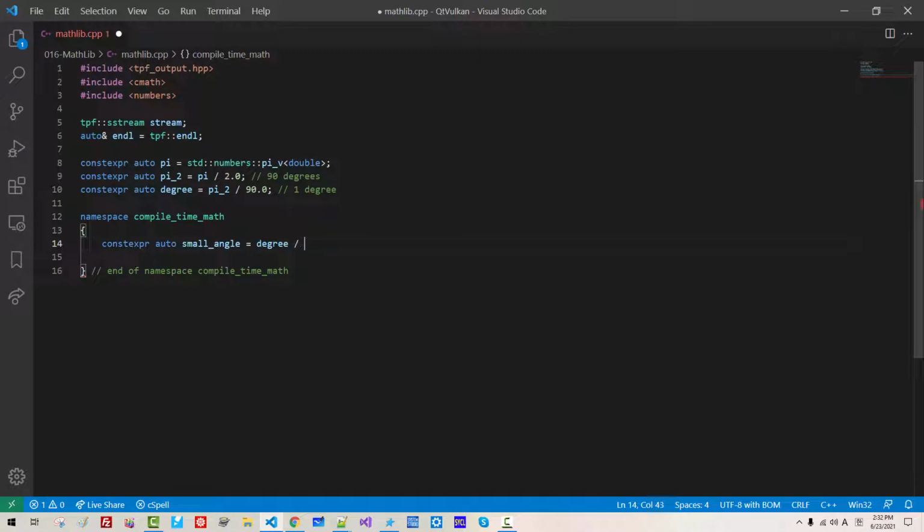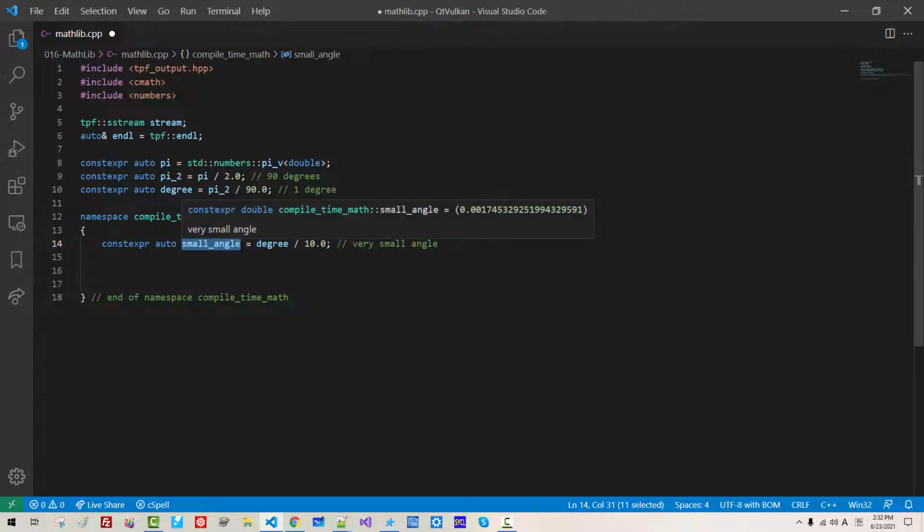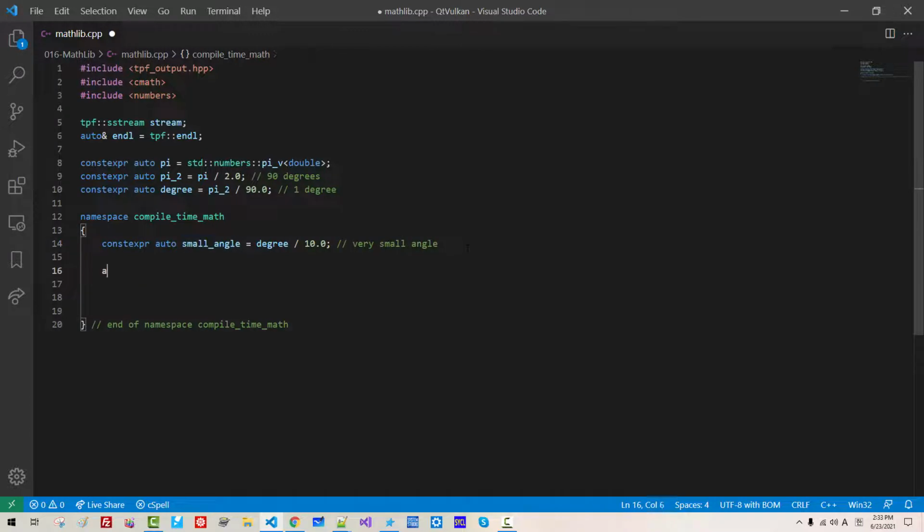We can control it later. It is a very small angle. After testing, we can increase this angle. Please remember, degree is 1 degree. So small angle is 1/10 of a degree.